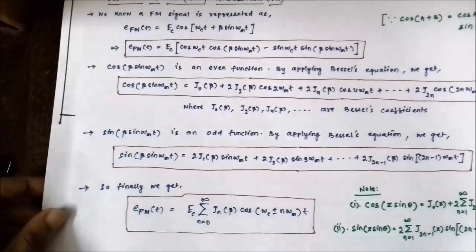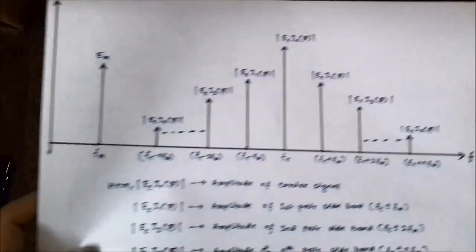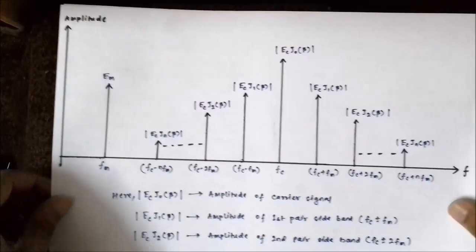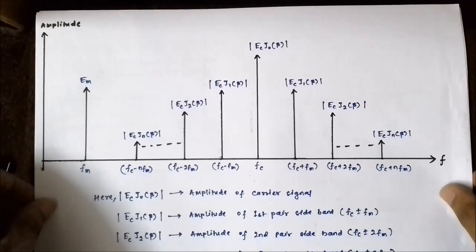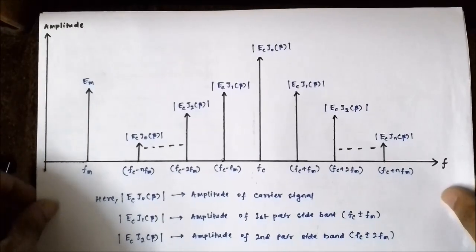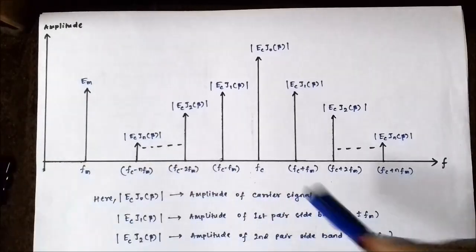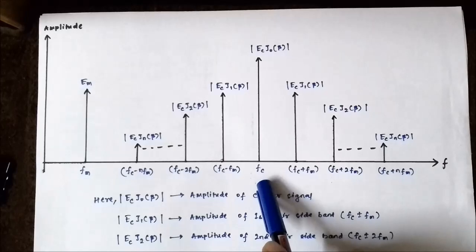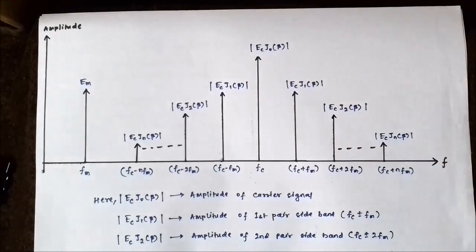Now let us look at the diagram of the spectrum of a frequency modulated signal. Here it is a plot between frequency on the x-axis and amplitude on the y-axis. This part is the carrier frequency, which has the maximum amplitude, given by E_c times J0(beta).